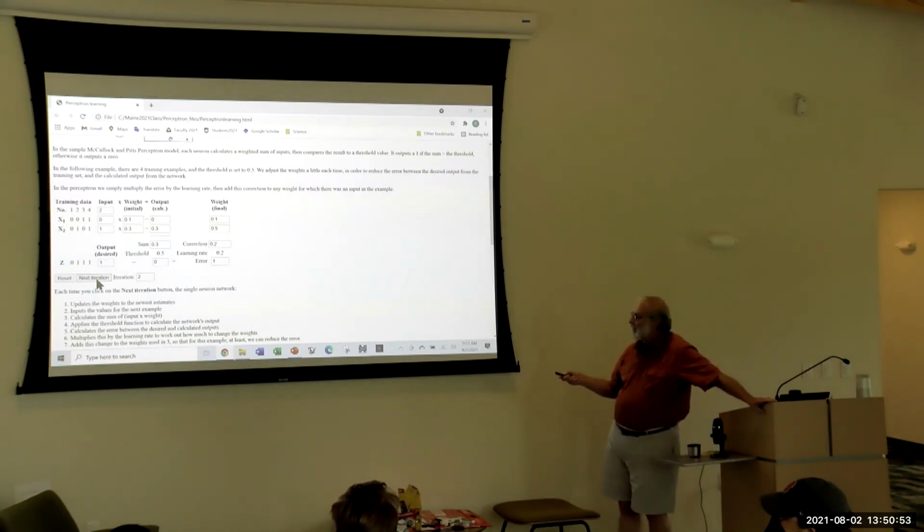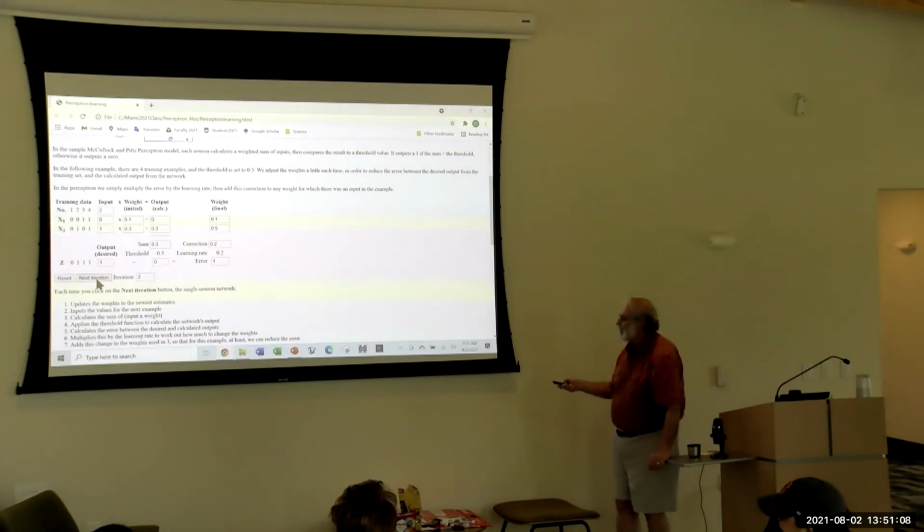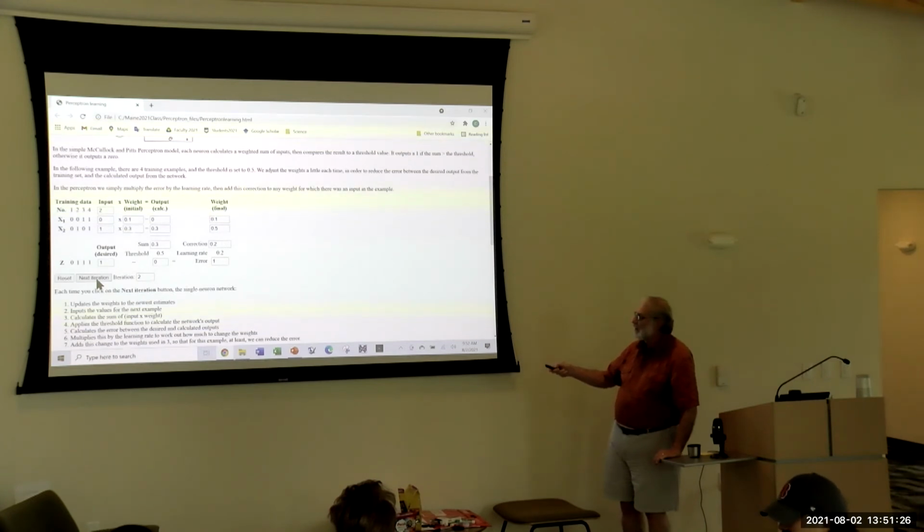When you get the wrong answer, you take the error, in this case 1, times the learning rate, 0.2, and you add that value into all the weights where the input was non-zero. So I'm going to add 0.2 to the 0.3. That gives me a new weight of 0.5. This one had a 0 input, so don't mess with it. Okay, so now I have a new set of weights. They started out at 0.1 and 0.3, now they're 0.1 and 0.5.